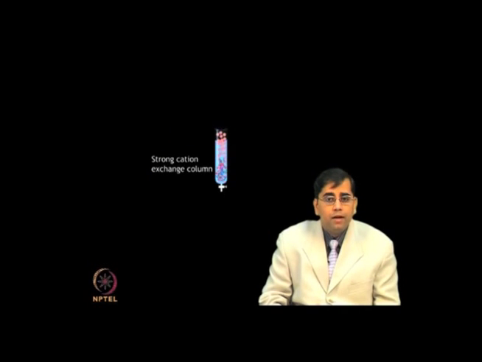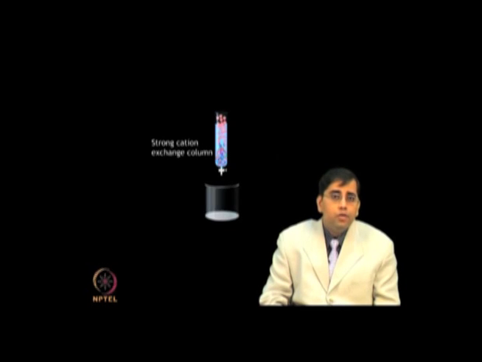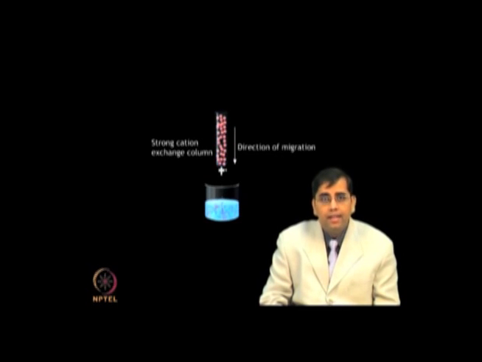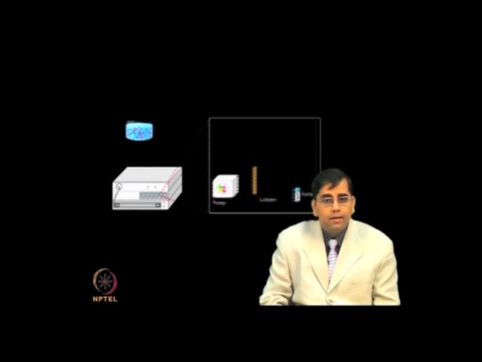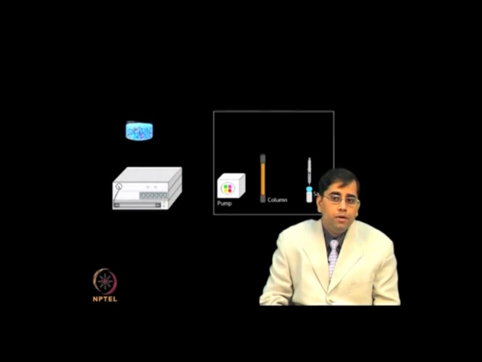Pooled samples are purified on a strong cation exchange, SCX, column to remove the excess unbound reagent. These isobaric labels are detected upon fragmentation and release in mass spectrometry.